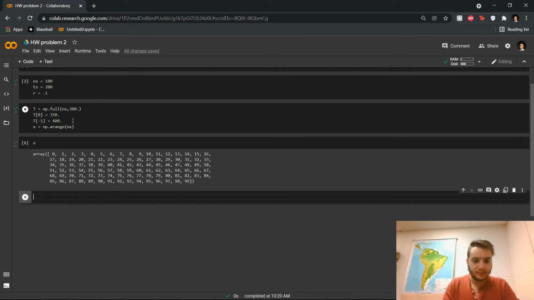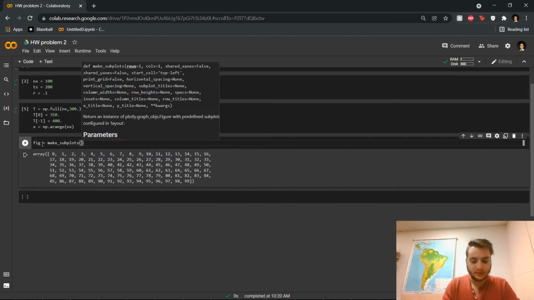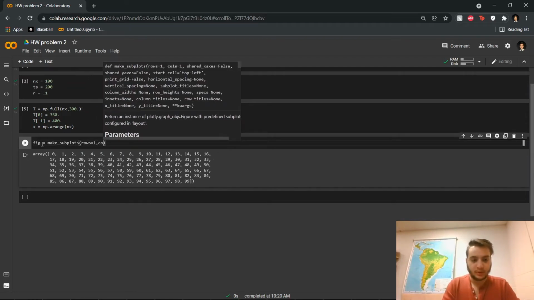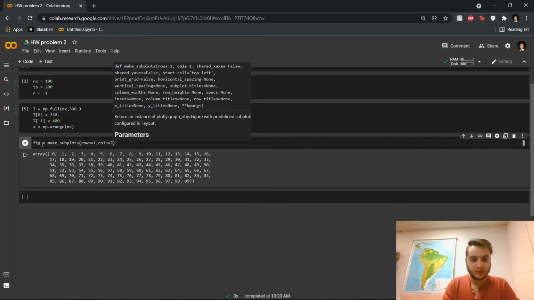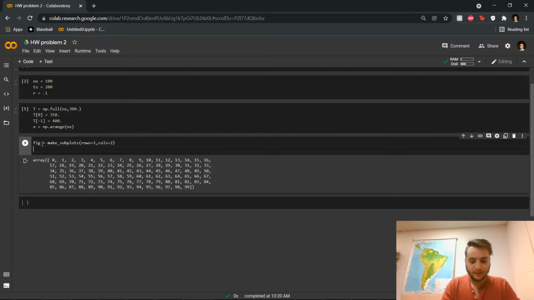It just gives us a number from 0 to 99. So that's good. So we need to do fig equals plt.subplots with rows equal to 1, columns equal to 2. And then fig.add, what is it?